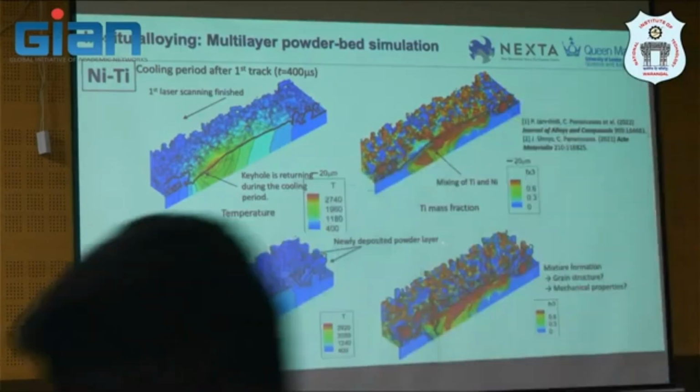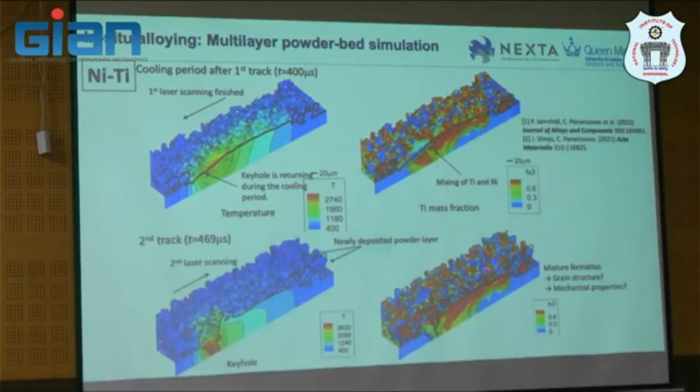How well they mix together is important to know, and how we can compensate for the composition loss is another matter. For example, if you know that the alloyed powder will lead to a 3 atomic percent loss of nickel, you can compensate: rather than 50-50, you may choose 47-53.